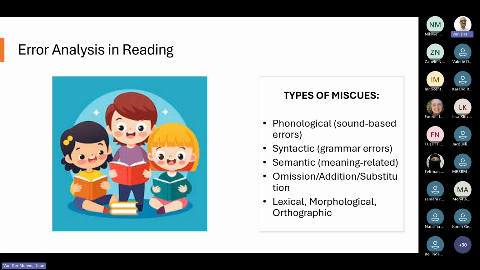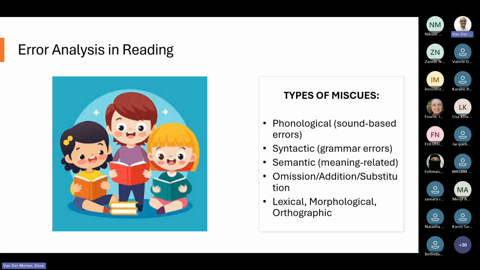By analyzing the types of reading errors learners make, we can really pinpoint what they need help with. And there are different types of errors or miscues. There are phonological errors, syntactic errors, semantic errors, and there are obviously the omission or addition errors.